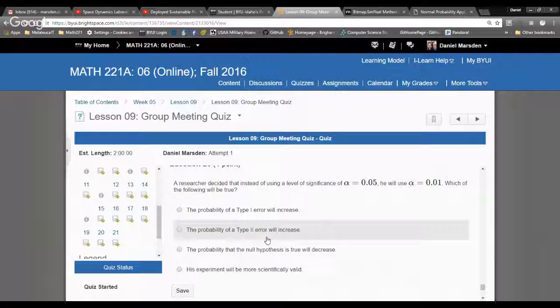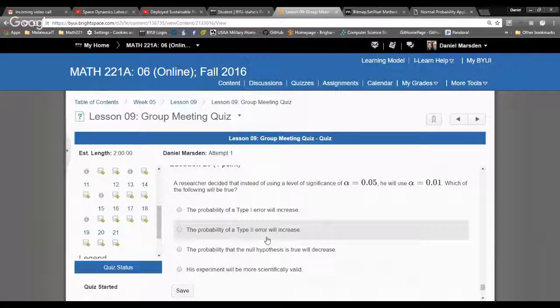So by decreasing alpha, we're constricting the boundary for people to reject us. So instead of giving people a 5% chance to reject the status quo, we're only going to give them a 1% chance.